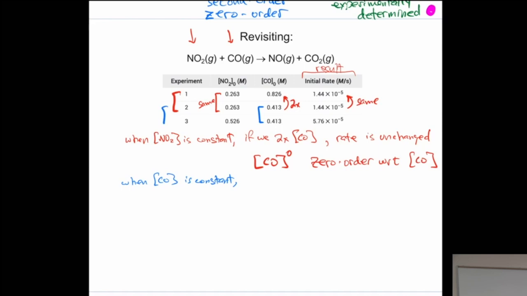So if we compare experiments 2 and 3, we find that here this is constant, all right? CO concentration is constant. What are we doing? How are we changing the NO2 concentration when we're holding CO concentration constant? That's doubling as well, okay?